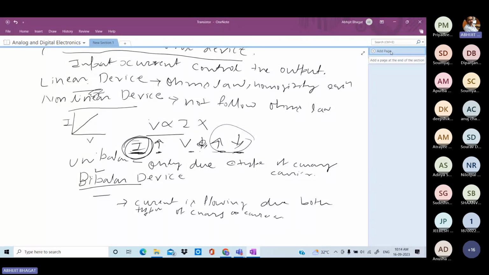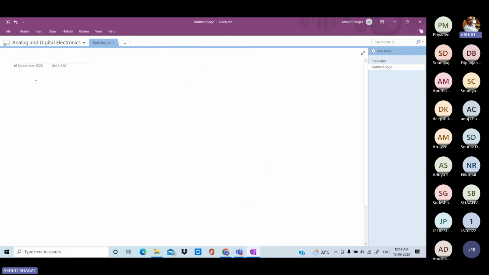Now, next, here your BJT is what type of device? BJT is a bipolar device. Why is it a bipolar device? Anyone? BJT is a bipolar device.